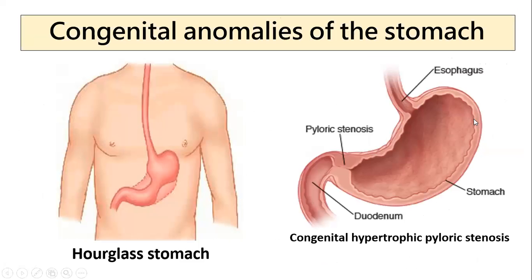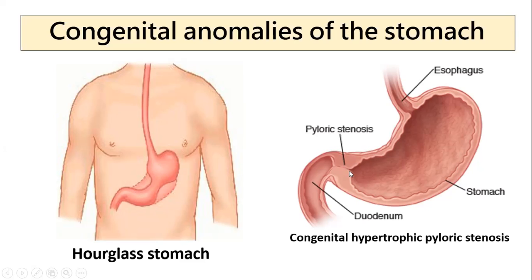Sometimes instead of growing, they degenerate, and here you can see there is degeneration of the stomach, and it looks like an hourglass. So that's why it is called the hourglass stomach. You might have seen an hourglass, where sand is put on the top and it flows through. So it looks similar to this shape. That's why it is called the hourglass stomach.